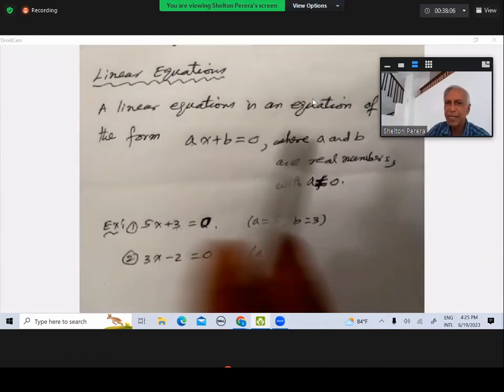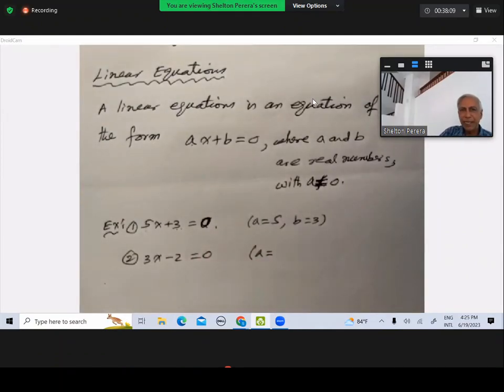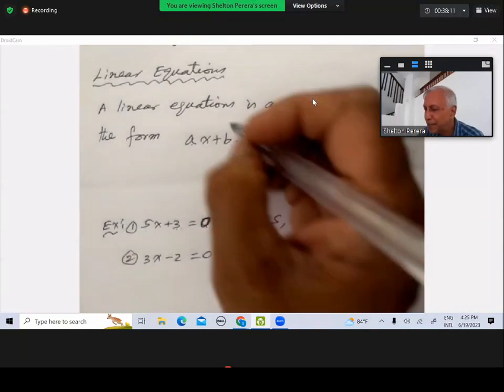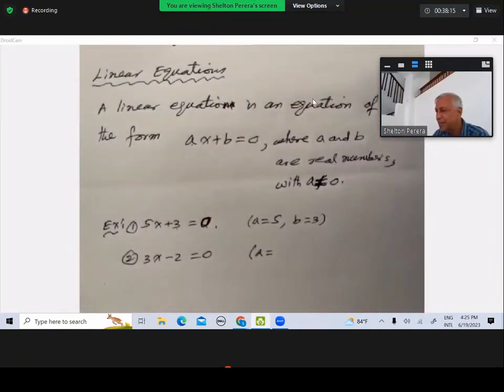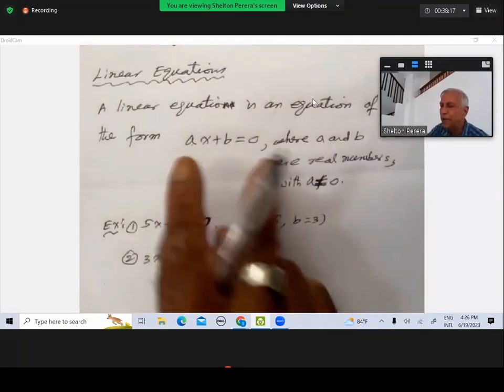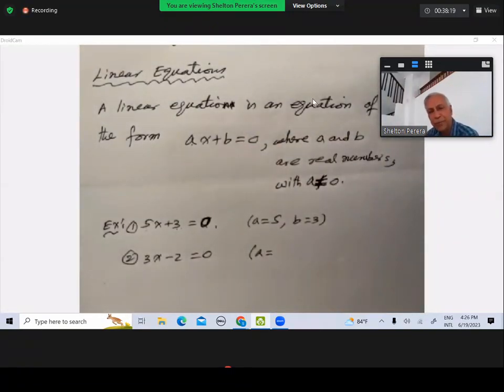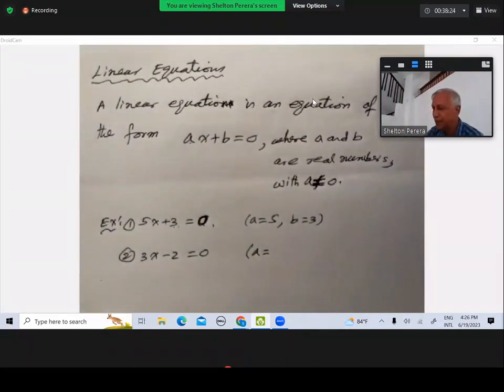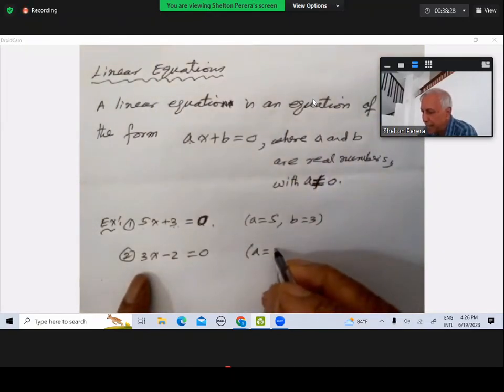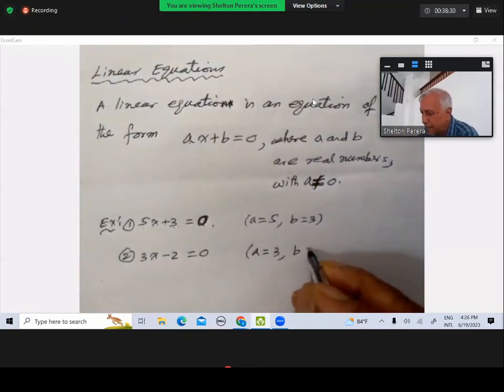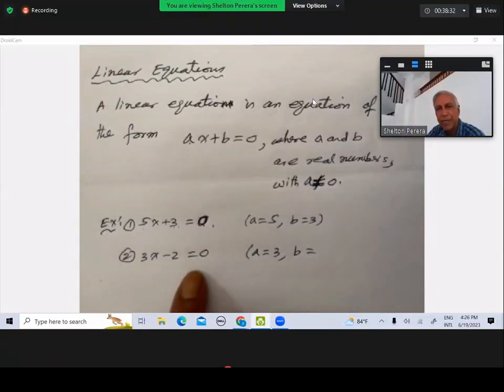So a linear equation is an equation of this form, or one which can be transformed to this form. So a is equal to 3. What is b? Can somebody tell me what b is for this equation?